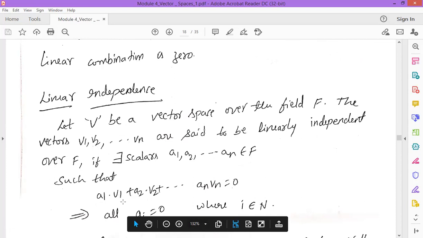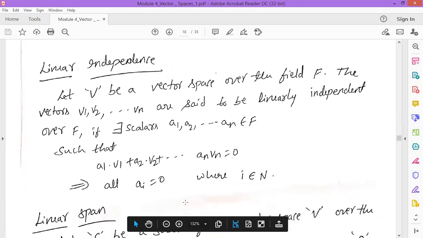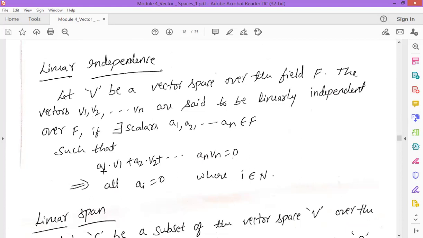Even if the given vectors V1, V2, V3 up to Vn are not equal to 0, that doesn't matter, but the scalars A1, A2 up to An must be equal to 0. Even if V1 is equal to 0 and A1 is a nonzero constant, in such cases we cannot say the combination is linearly independent. To have independence, the scalar values a1, a2 must be 0.